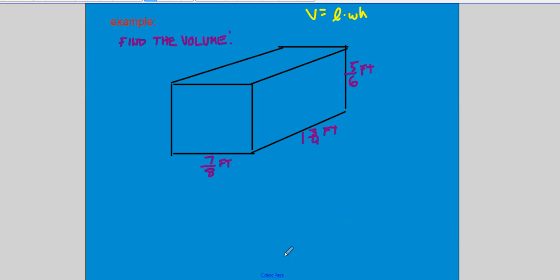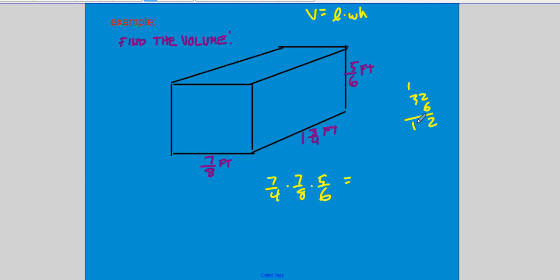So doing that, the length is 1 3/4, which as an improper fraction is 7/4. So I have 7/4 here, times the width is 7/8, times the height is 5/6. So I've got 3 multiplications to do here this time, and unfortunately nothing reduces. So 4 times 8 is 32 times 6 on the bottom, the denominator.